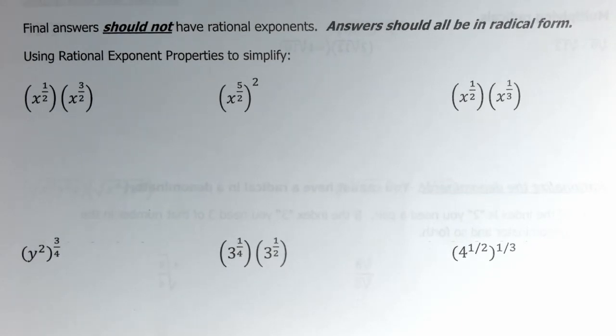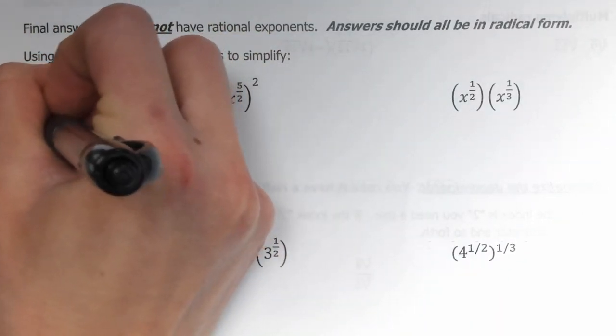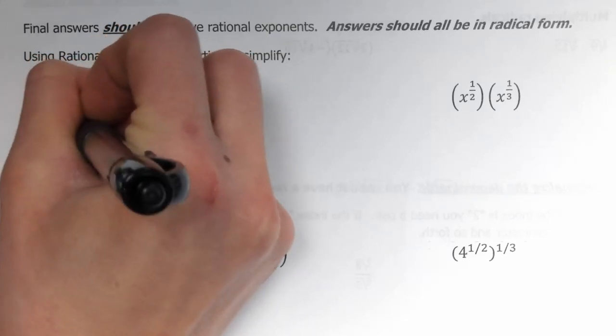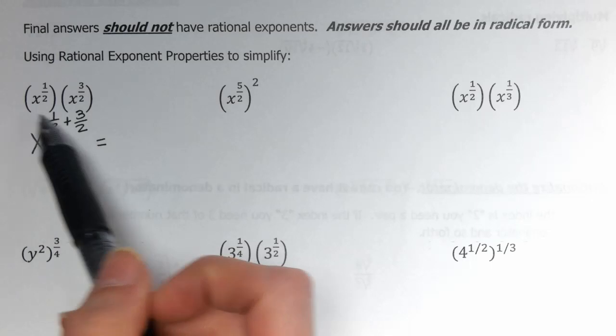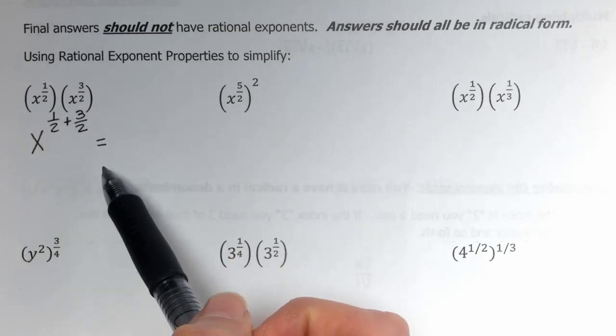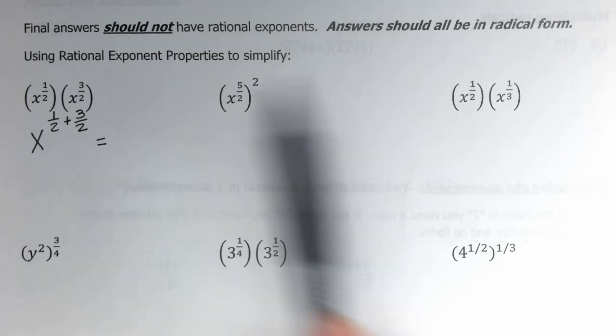So if I have x to the 1/2 times x to the 3/2, okay, I'm multiplying like bases, so I'm going to add 1/2 plus 3/2. You don't have to write that. I'm just going to show you what we're doing for the first few examples so you can see where we're getting this answer from, okay? Now, I'm not expecting you to do everything in your head.